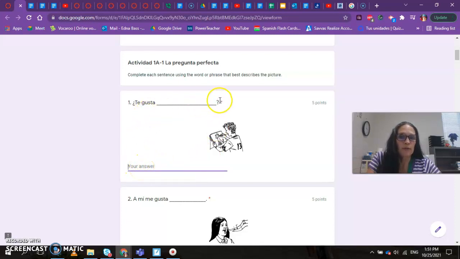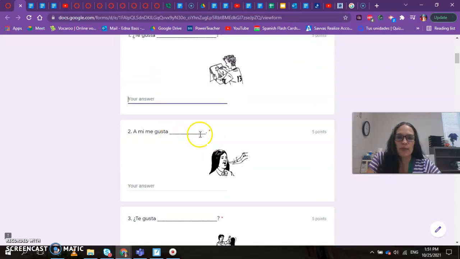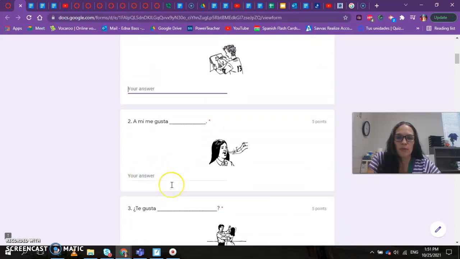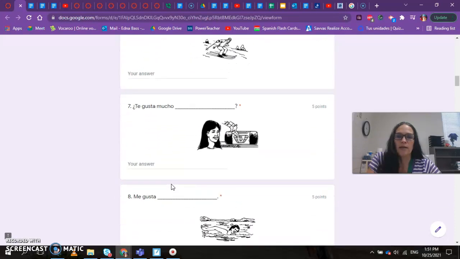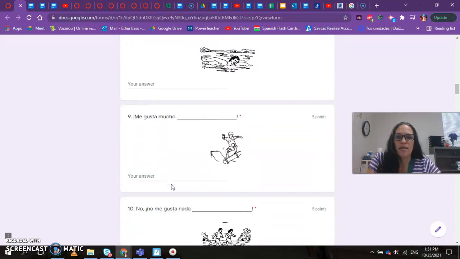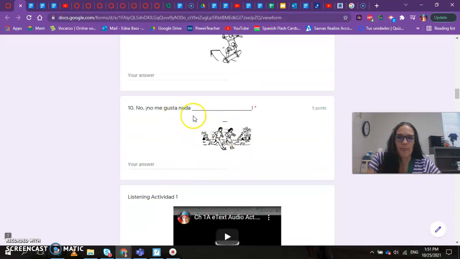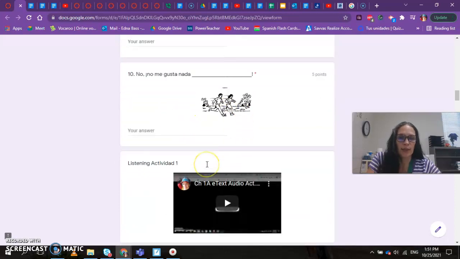And you don't need a period because it's closing with a question mark. So you're just going to write here what goes on the blank. Same with this one, what goes on the blank. And you have 10 of this. So just put what goes on the blank.